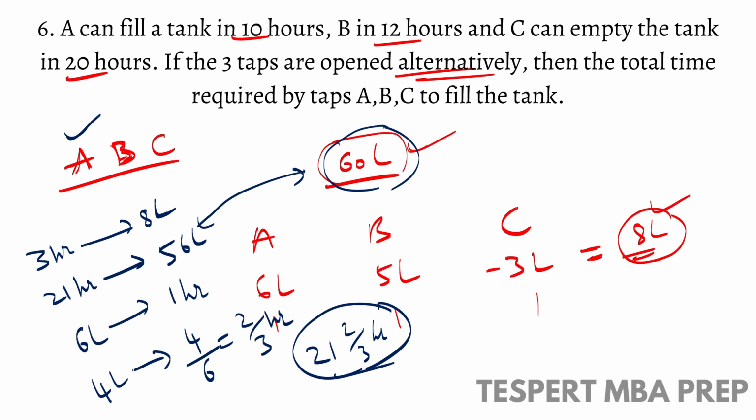Though in CAT and XAT, the questions that appear from this topic as well as the time, speed and distance topic are somewhat tricky, but forget about those tricky questions. Why? Because unless we are strong in our concepts, strong in our basics, we cannot solve those questions. So be strong at your basics, build your concepts.